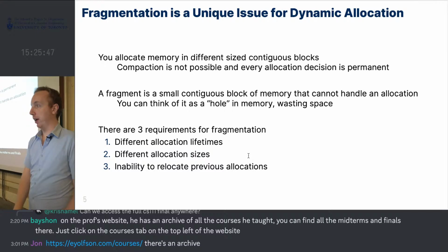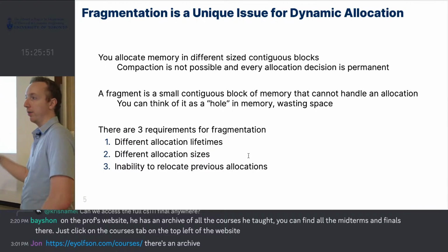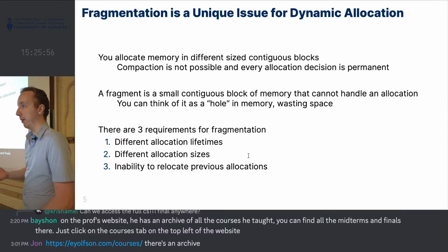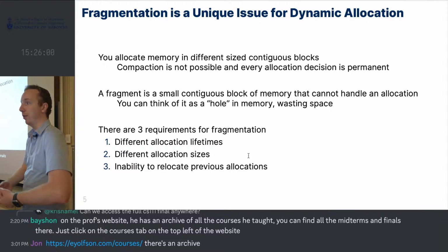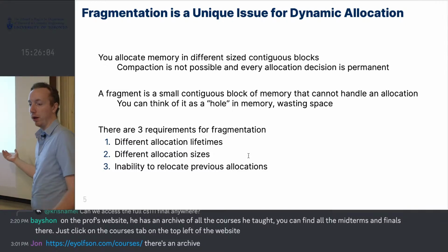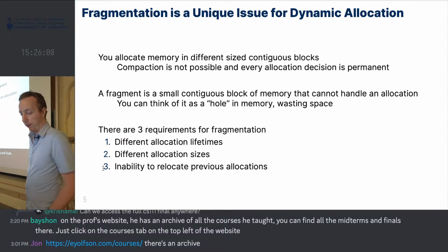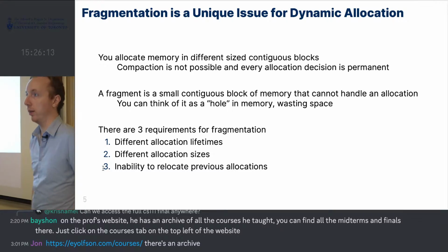The next is different allocation sizes. So if everything is the same size, so like the kernel only dealing with pages, well, then you don't have any fragmentation issues because they're all the same size. So you at least don't have external fragmentation because, well, one block is as good as any other block. And then the third part is you cannot relocate previous allocations.